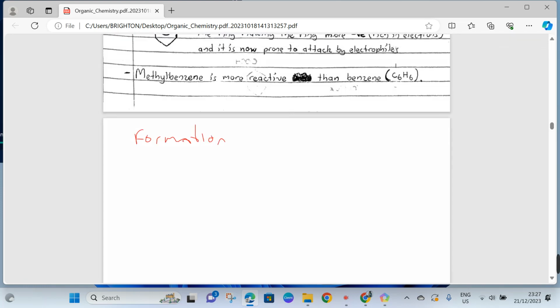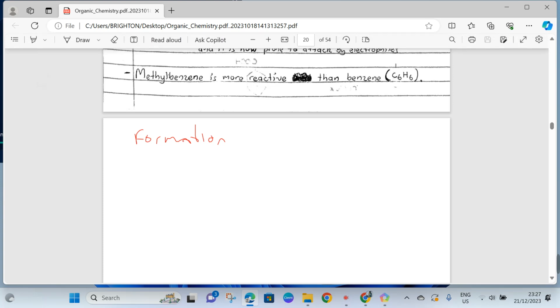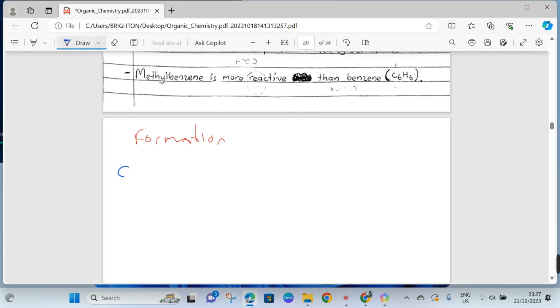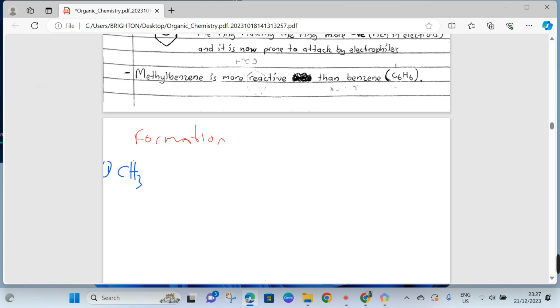So in the first mechanism, I have my CH3X, let me call it 1 there, plus my halogen carrier catalyst, which produces my CH3 plus and AlX4 negative.